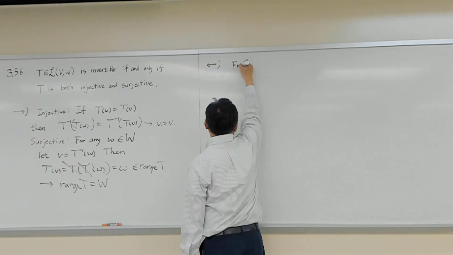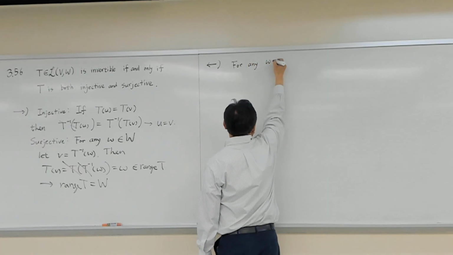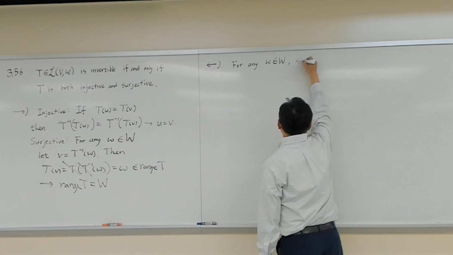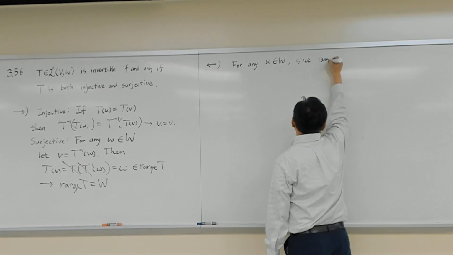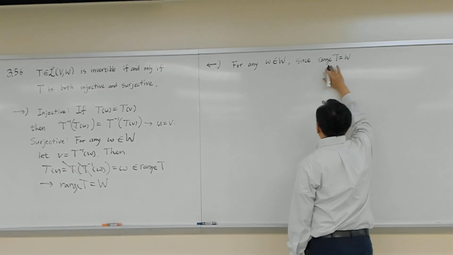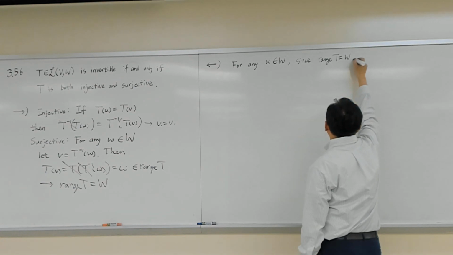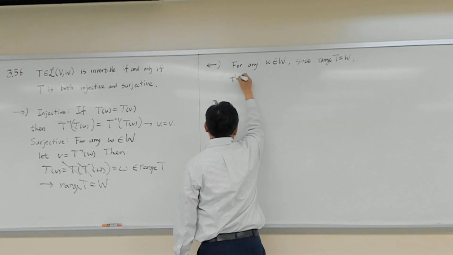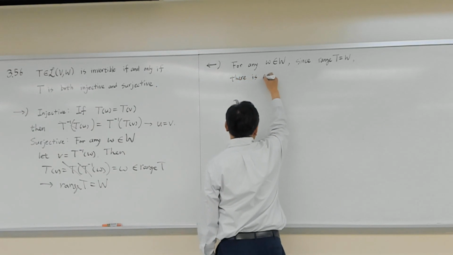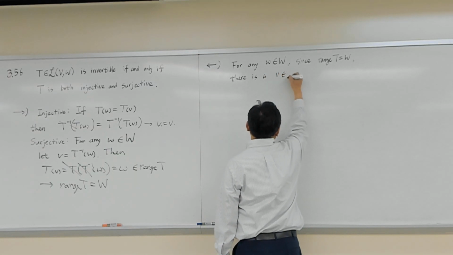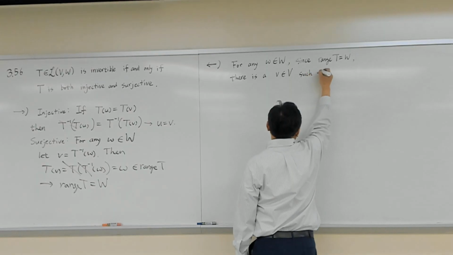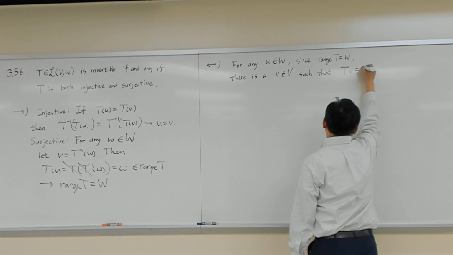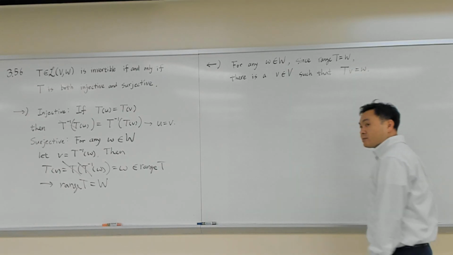So for any w in W, since the range of T is the same as W because of surjectivity, there is a v in V such that T of v is equal to w.